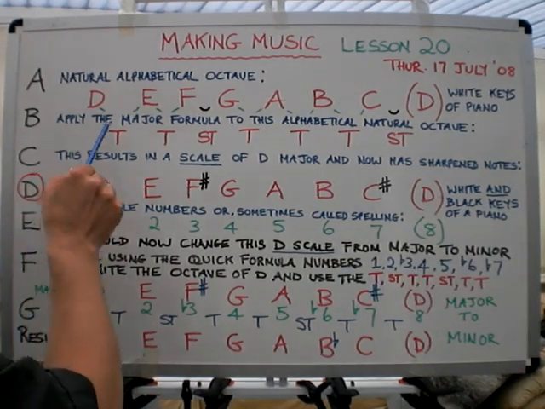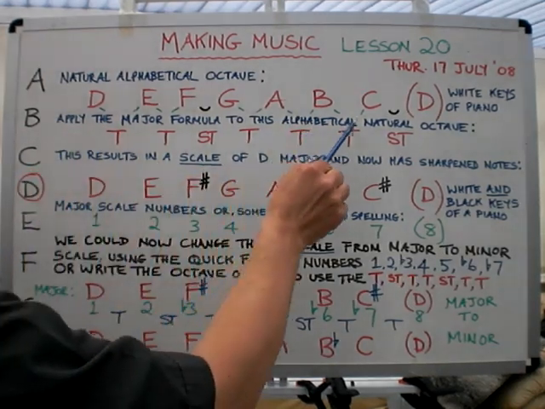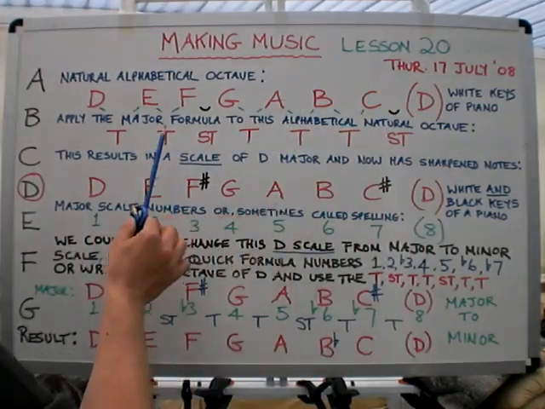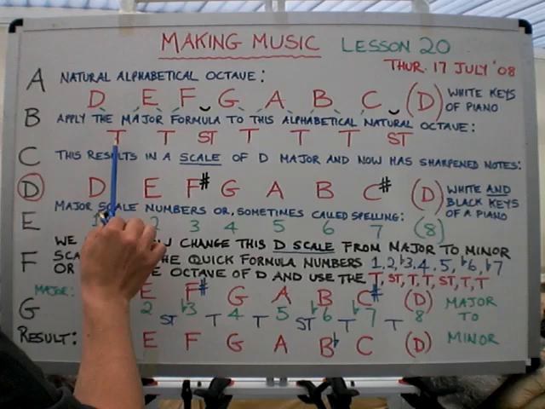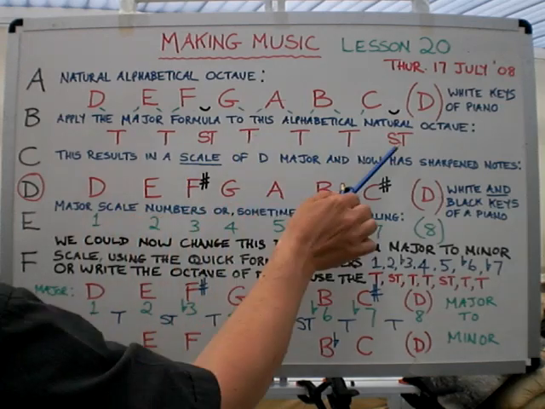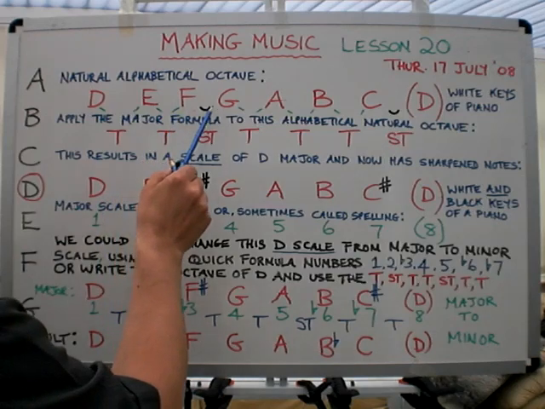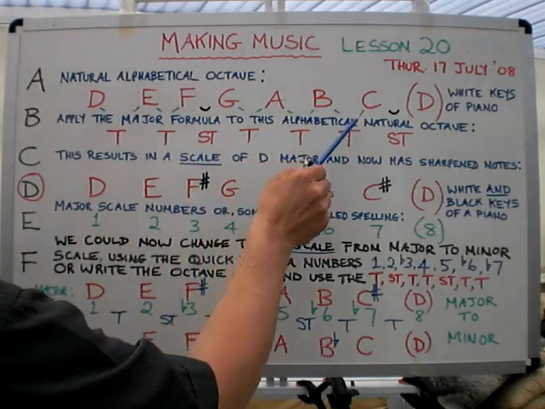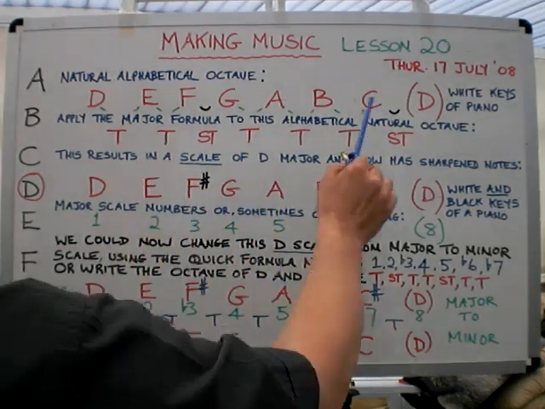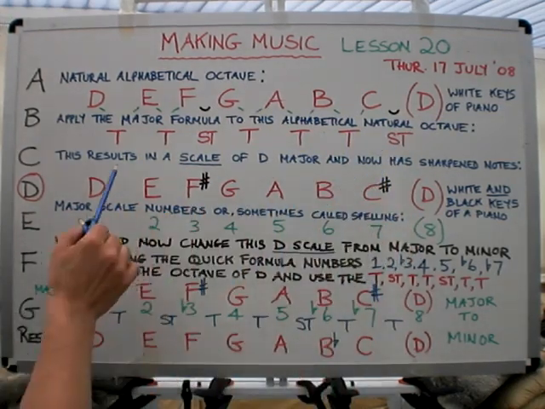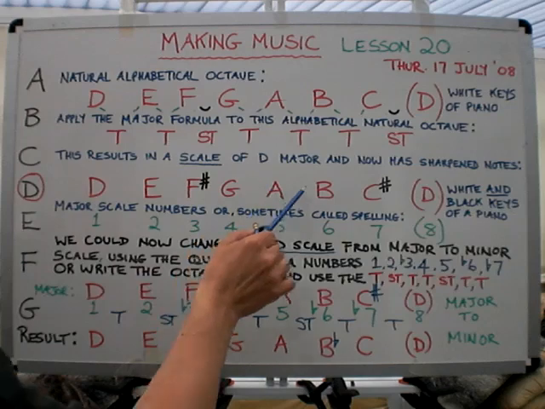So if we apply the major formula to this alphabetical natural octave of D to D, the major formula is tone, tone, semitone, tone, tone, tone, semitone. Now we've shown you how to do that on the keyboard or your piano. Natural alphabet, apply that, and this is going to be the result.